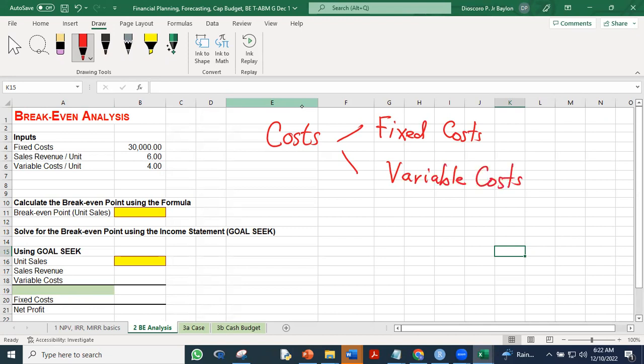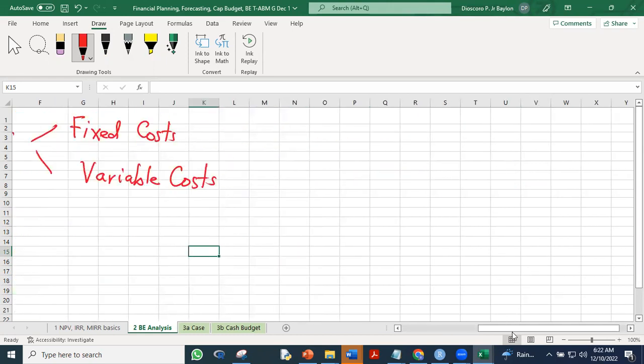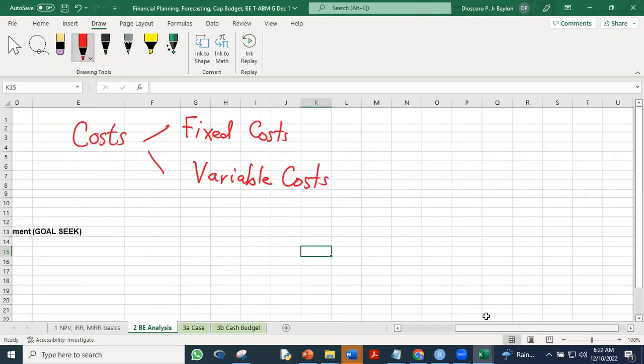Fixed costs are costs that do not change, whatever the level of output of the company is. For example, if the company rents a certain place, let's say for 100,000 per month, that cost of 100,000 per month rental will not change no matter what the level of activity of the company.